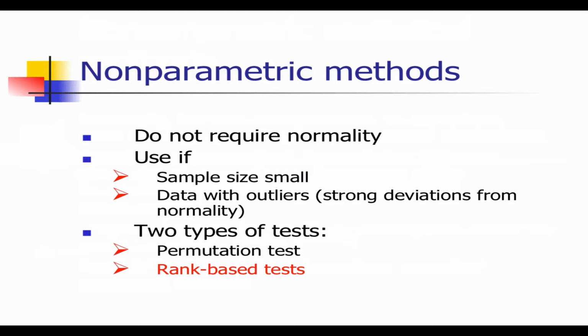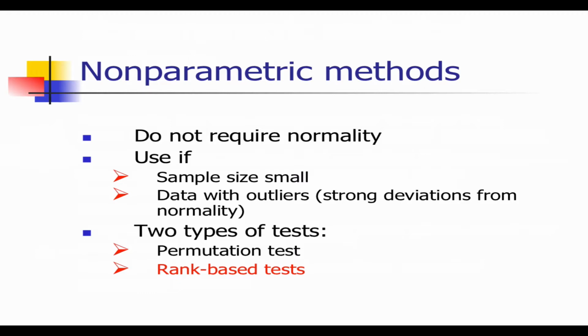Second of all, where do you typically consider that you should use a non-parametric test? There are two scenarios that are the most common. The first one is when you have a very small sample size.